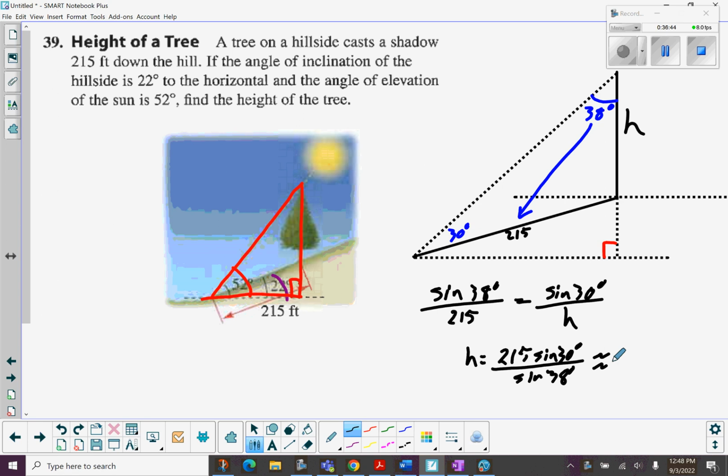Again, the key thing here is finding that angle that's opposite from the given side length. Just by extending a couple of those lines, we should be able to find that. They gave us the shadow length here to the nearest foot, so I would argue we should round that to the nearest foot.